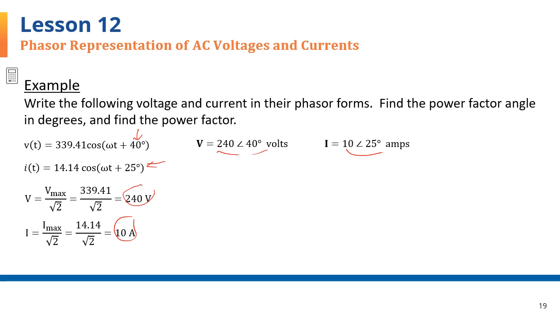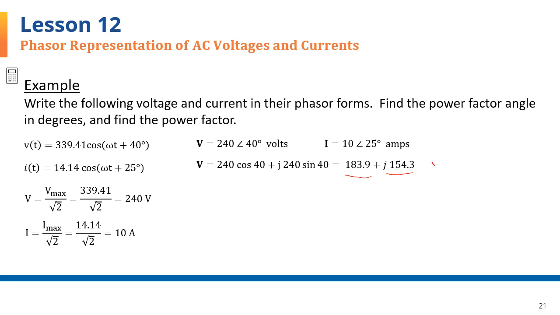Now let's convert these into their Cartesian or rectangular form. V in Cartesian form is V times cosine of 40 plus j V times sine of 40, V being the effective value of 240. And the answer is 183.9 plus j 154.3, all these values in volts.